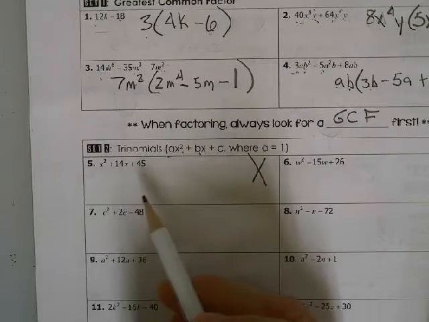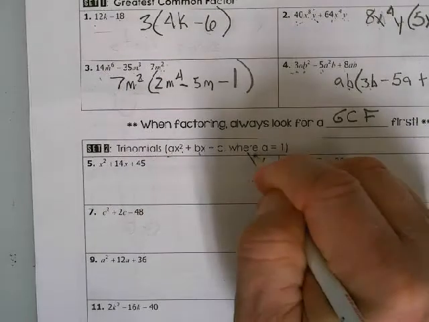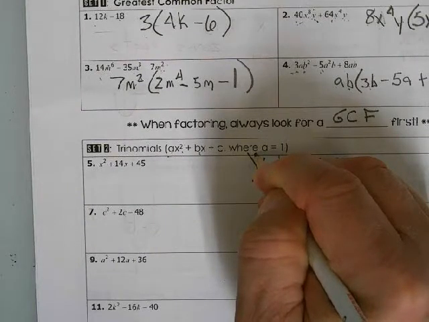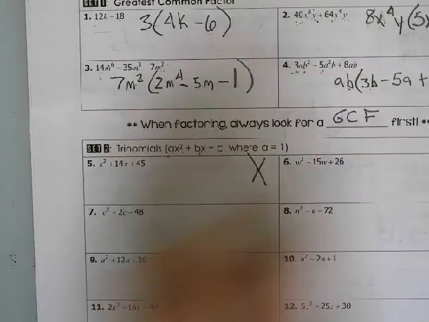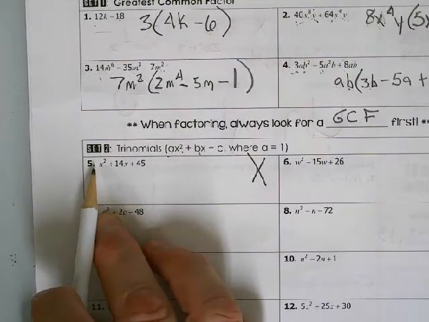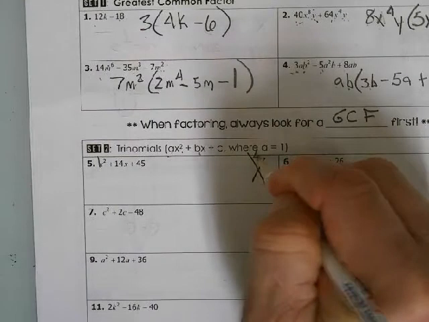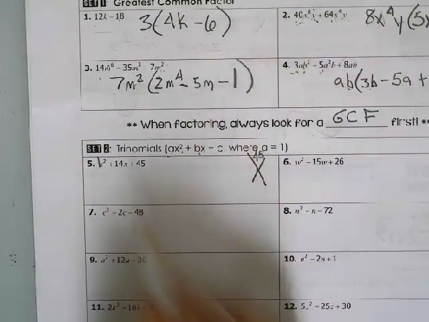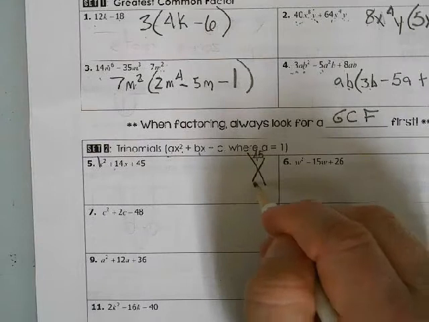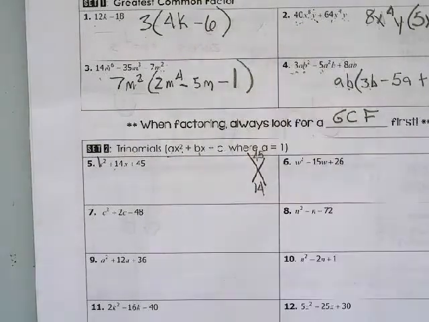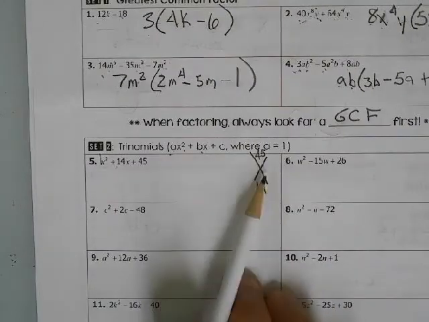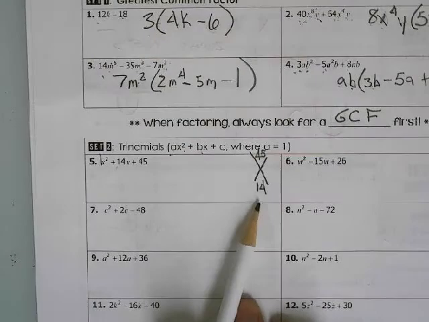What you do is in the top box you put a times c, which in this case it's 1, so it's easy. 1 times 45 is just 45. And in the bottom you put the difference, which is 14. So I want factors of 45 that add up to 14.